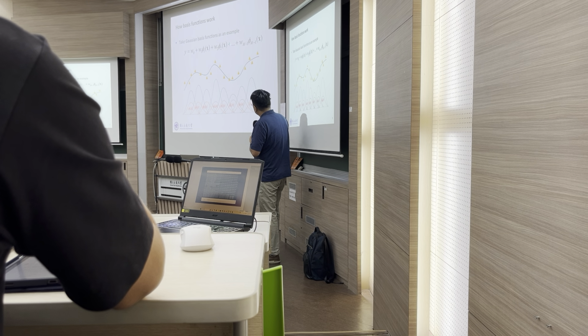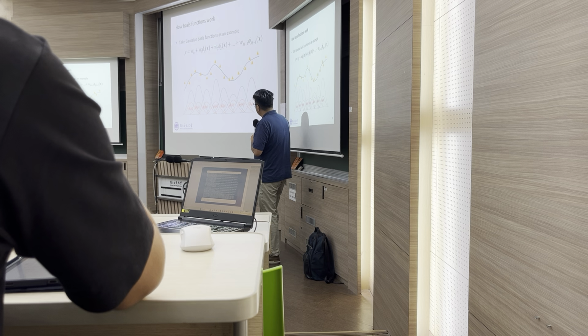This is the formulation for the linear regressor. We learn a weight for each nonlinear basis function. Say for the nonlinear basis function phi 2, we learn the importance of this basis function. So we learn a W2.